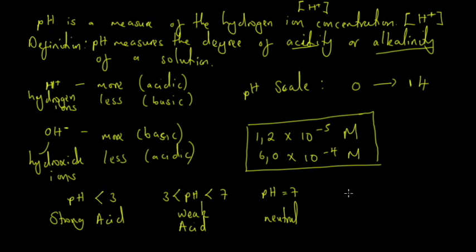Okay, so if pH is greater than 7 but less than 12, we say this one is a weak base. Okay, if the pH is greater than 12, we say this one is a strong base. Okay, so this is the background.